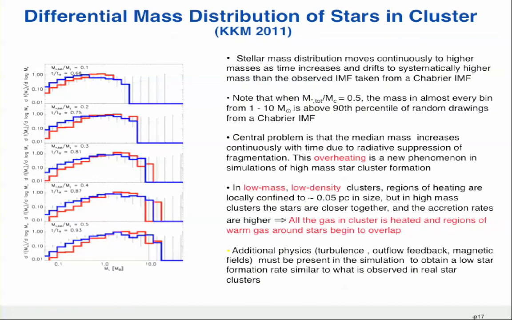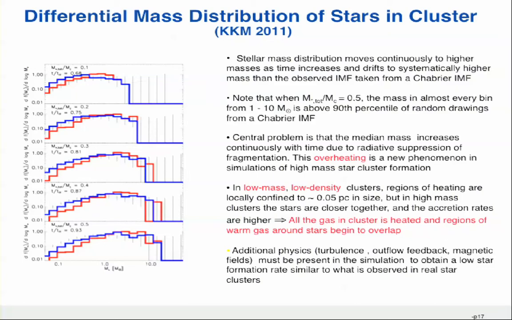We note that when we get to 50% of the mass in the cluster having been converted to stars, the mass in almost every bin between 1 and 10 solar masses is already above the 90th percentile in random draws from the Chabrier IMF.